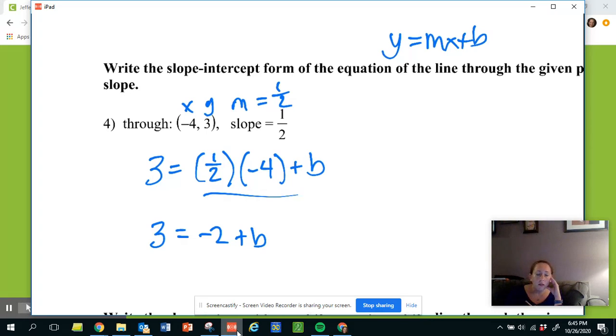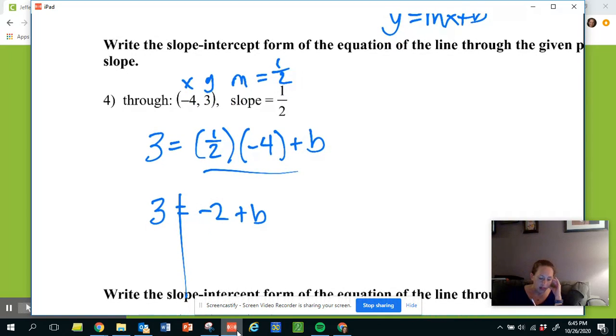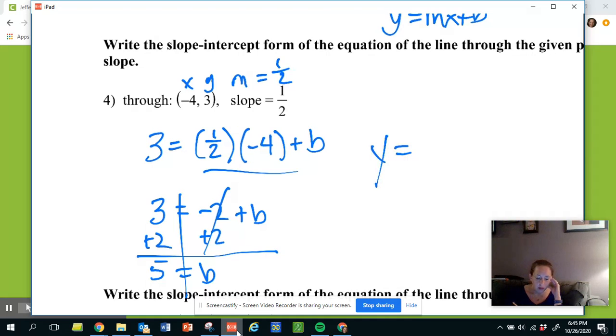Anyway, to get b by itself, I can start solving. I'm going to add 2 to both sides to cancel those out. So b will actually equal 5. That means the equation for this line is y equals 1/2 x plus 5, because they gave me the slope and I figured out what b is by solving.